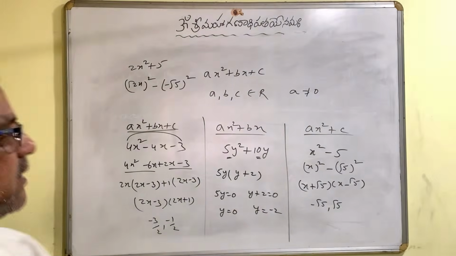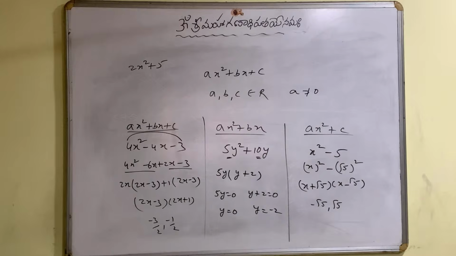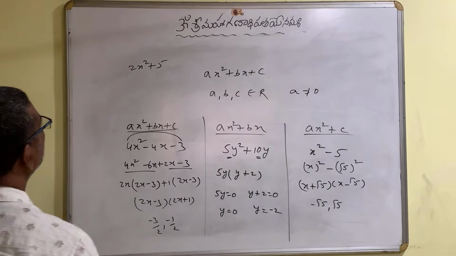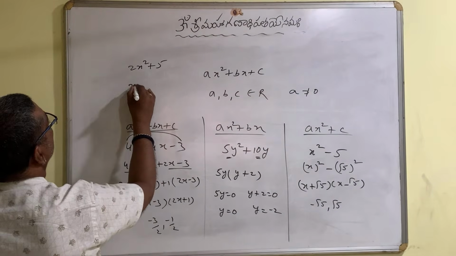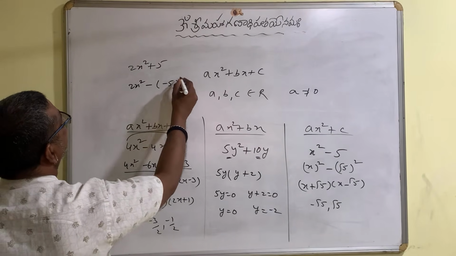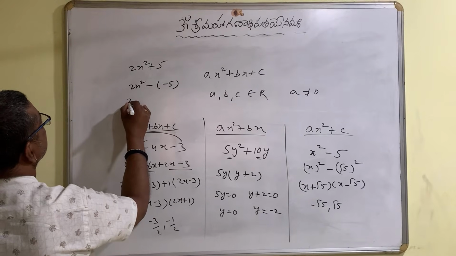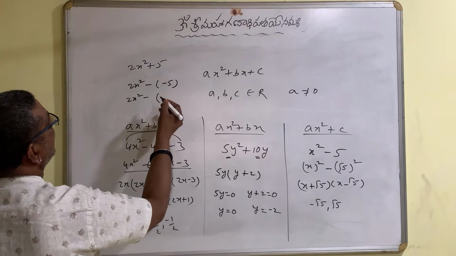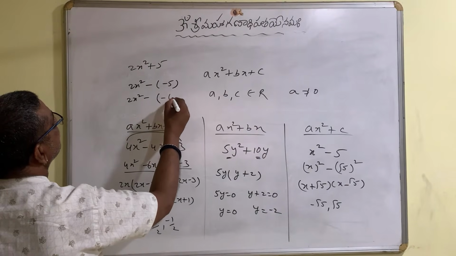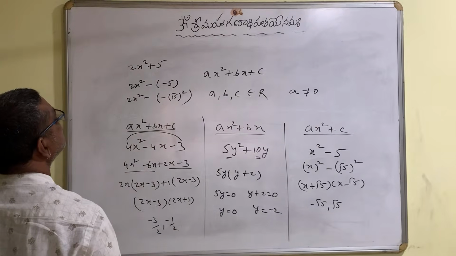Otherwise, I will tell you one direct formula. Two x square minus half minus 5. Okay, can we write like this? 2x square minus half minus root 5 whole square.